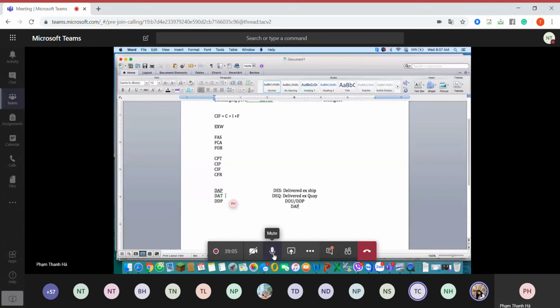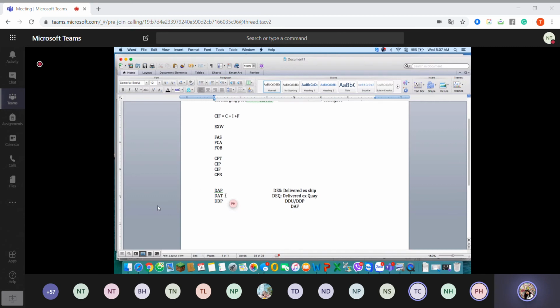Actually, both DAT and DAP can be used for multimodal transport. So, any other opinions? I think there are two main differences. The first one is the delivery place.